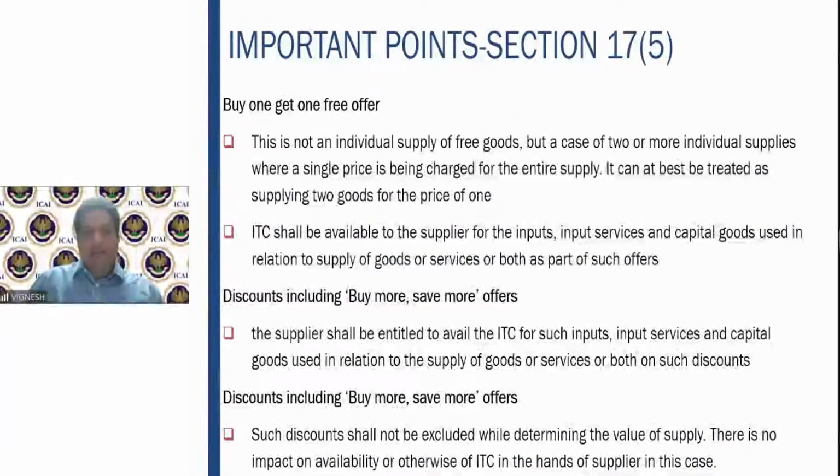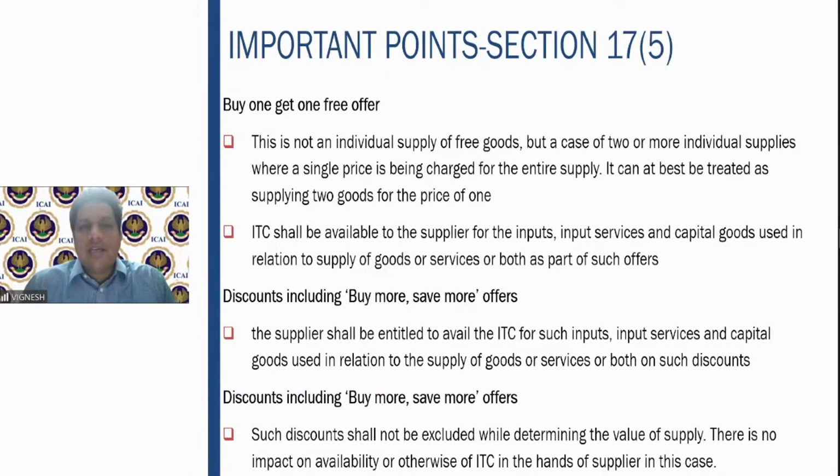Then the next point the circular wanted to clarify and address is with regard to the buy one get one free offer. Now, what do you mean by a buy one get one free offer? If I'm selling a toothpaste, along with that I give another toothpaste. So technically you cannot say that one is given without consideration and one is given with consideration.